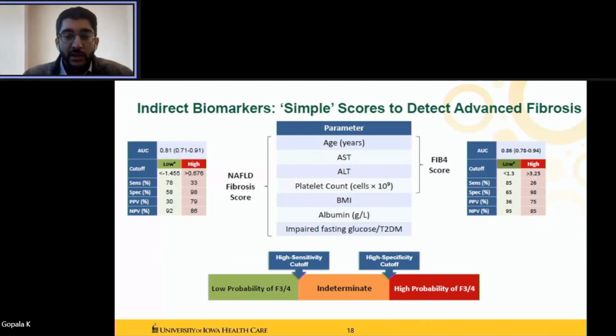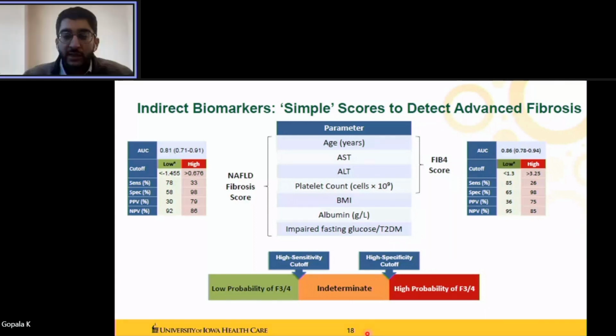So that's the problem with these calculators: they're very good at predicting low probability or high probability of fibrosis based on the scores. But in the middle, there can be a gap.